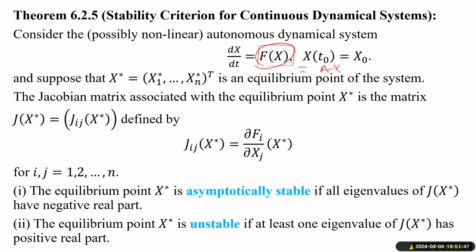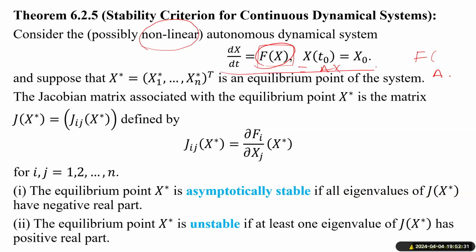Of course, we already discussed this type for the discrete dynamical system. So here also, in the same way, we will see. There is a possibility that we are unable to get that matrix, which is possible for the non-linear case. For a non-linear autonomous system, we cannot find an equivalent matrix A. So in such a case, we use the Jacobian matrix here.